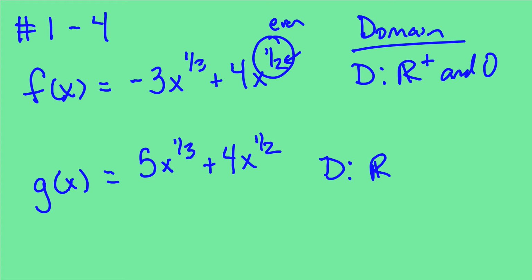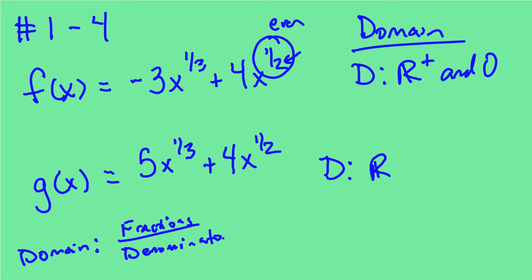Now remember, when it comes down to domain, the rules are pretty simple. The first thing you're going to look for is fractions, because your denominator cannot equal 0. Although we see fractions in both of these, none of them have a variable on the bottom, so they're not breaking this rule.